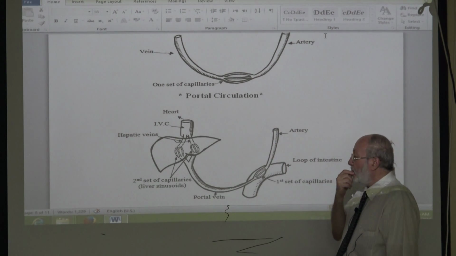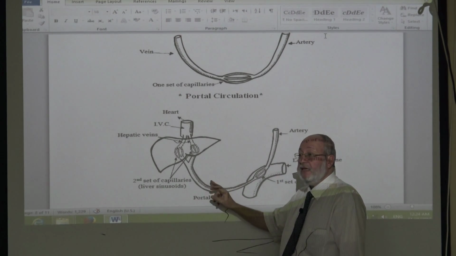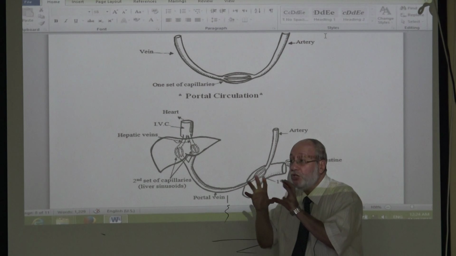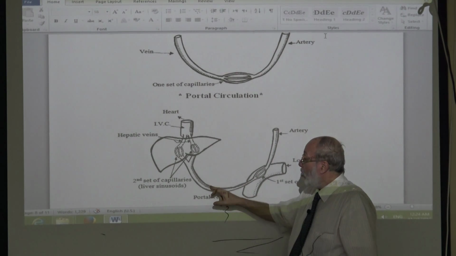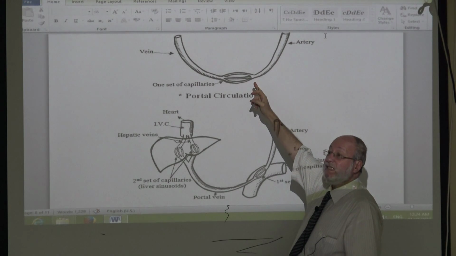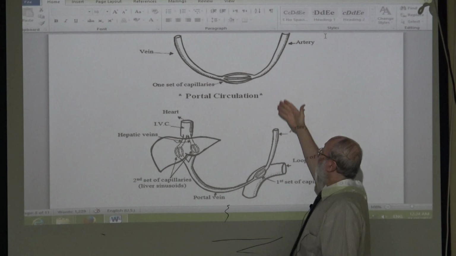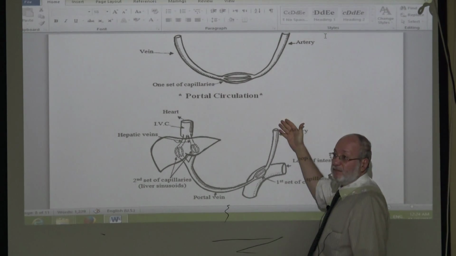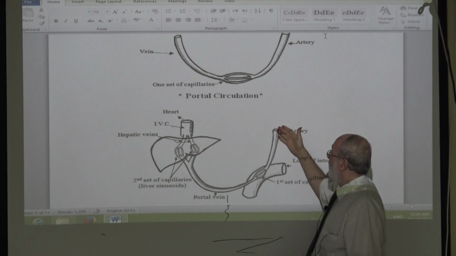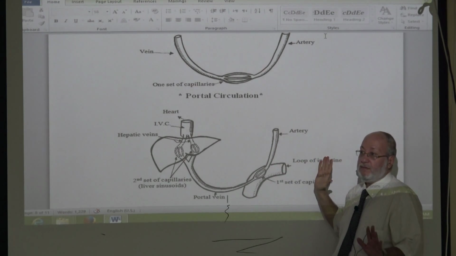Another thing, the composition of the blood of the portal circulation is like the composition of the systemic circulation. The source of blood is the same. From the heart, arterial blood goes to the organ.